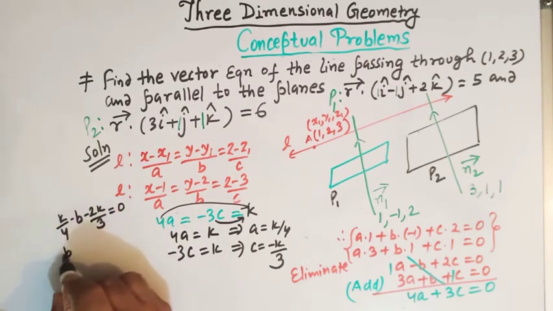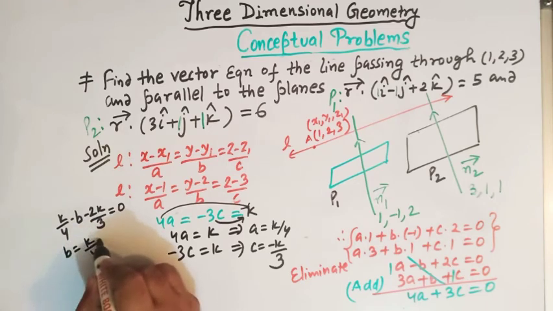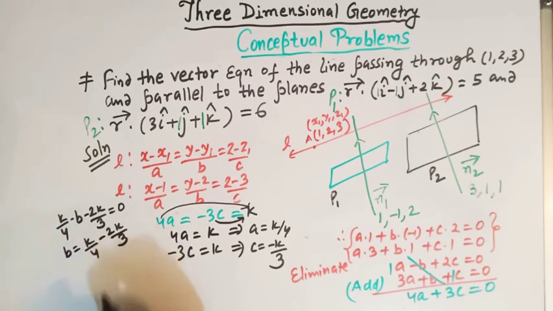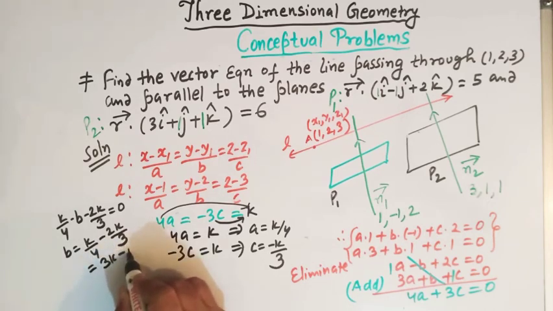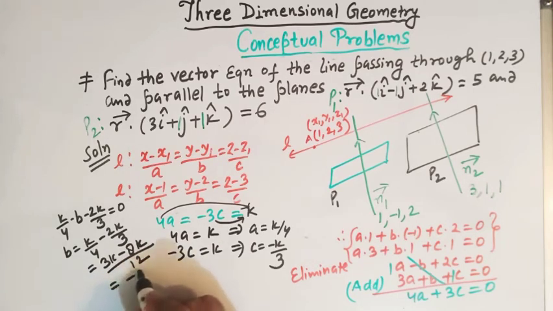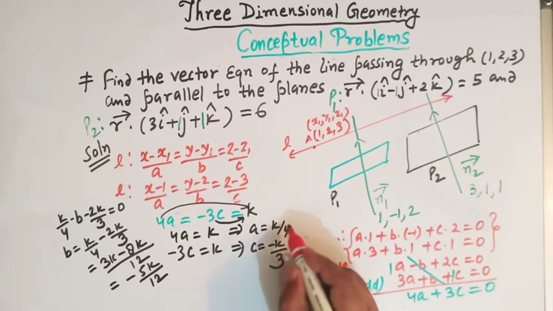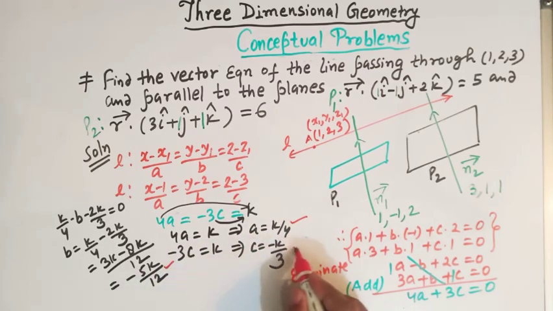So b can be written as k by 4 minus 2k by 3, and this is (3k minus 8k) divided by 12, and this is minus 5k by 12, right? Now we have obtained the values of a, b and c in terms of k, where k is not equal to 0, right?